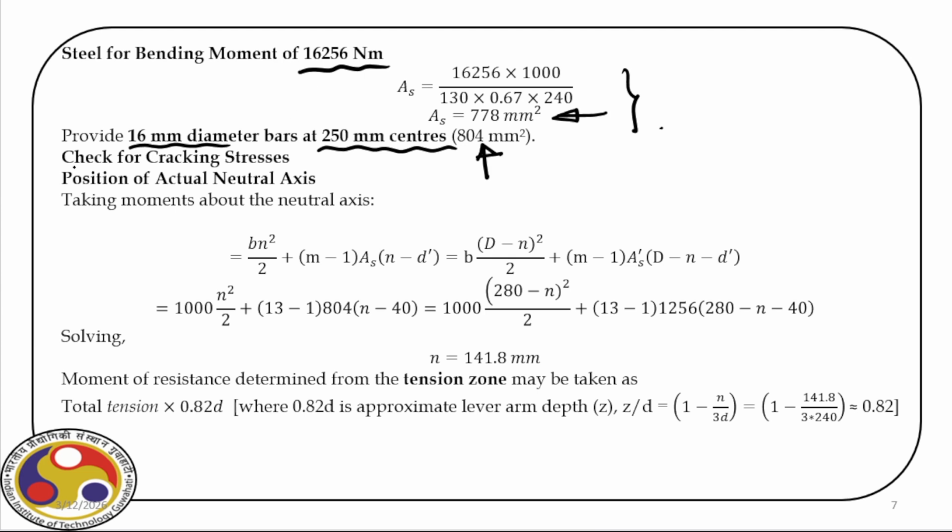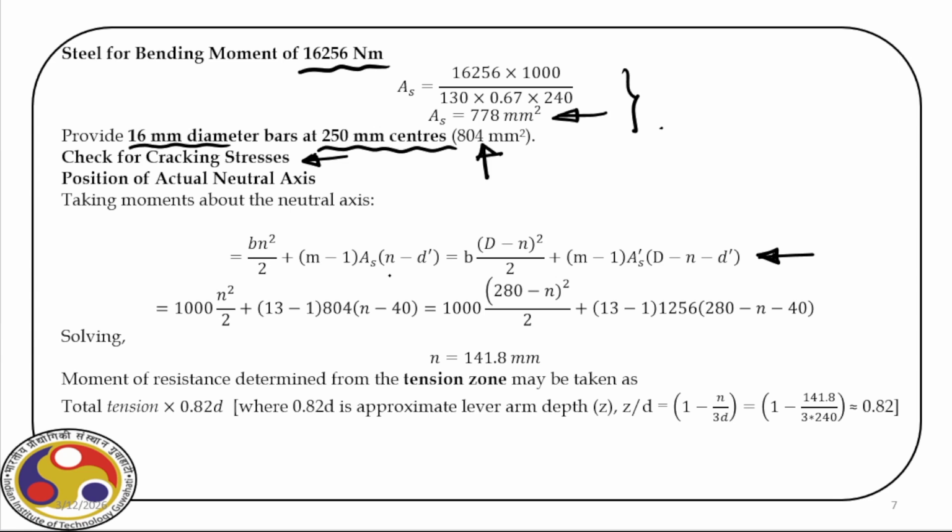evaluated. Then for checking stress against cracking, let us first find out the position of the neutral axis. For that, again, we have to take the moment about the neutral axis, and if you recall, this was the expression we discussed at the very beginning of this course.